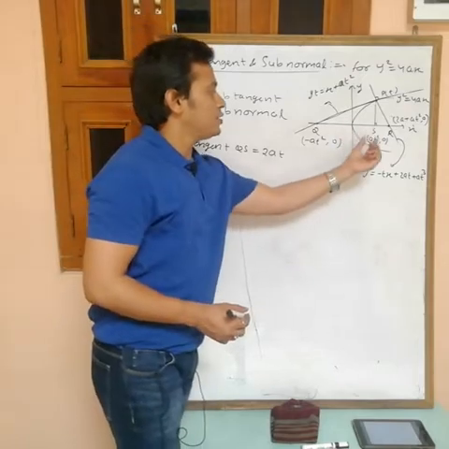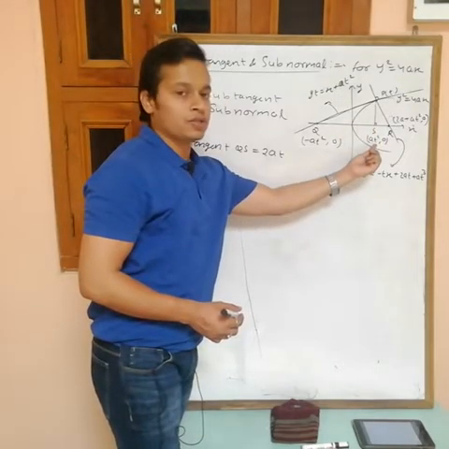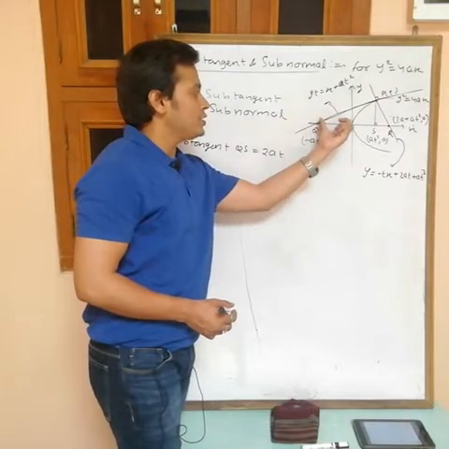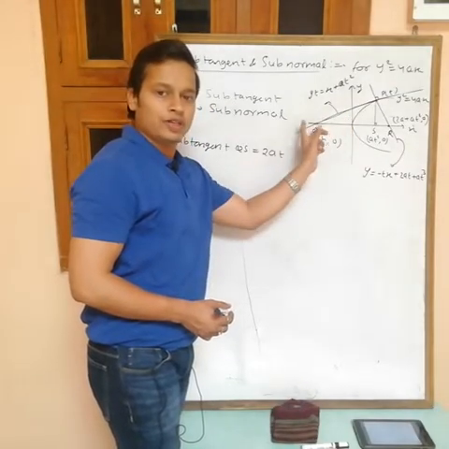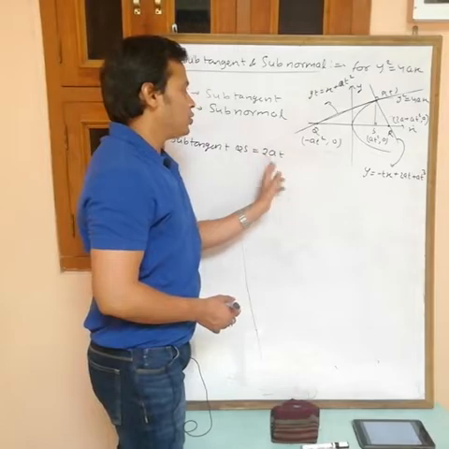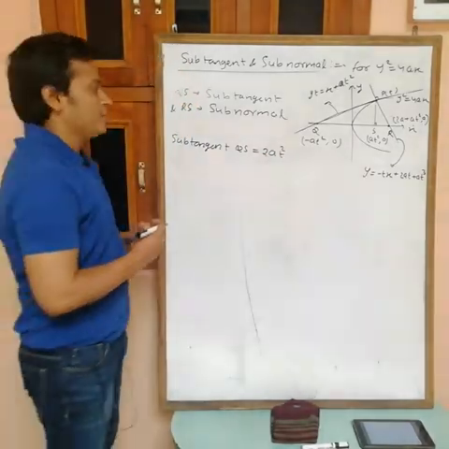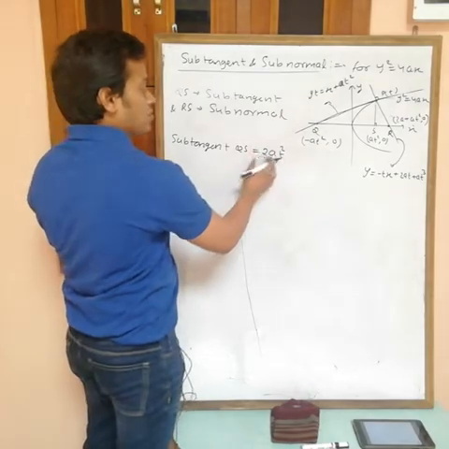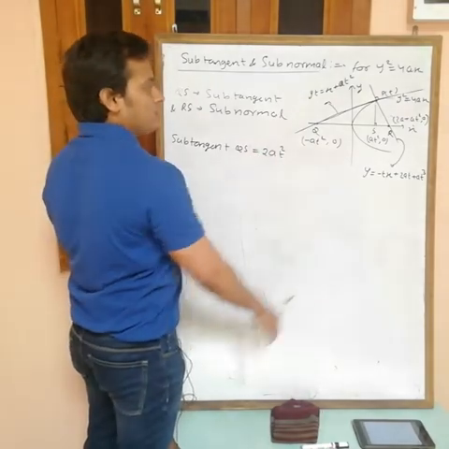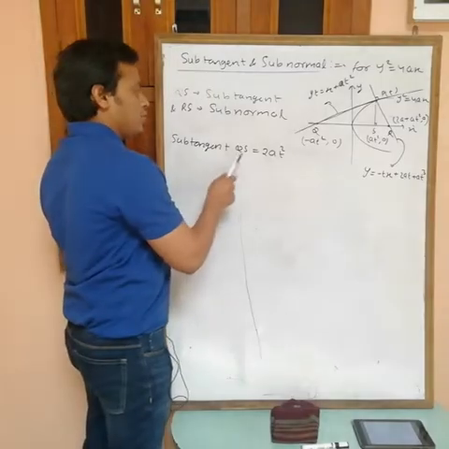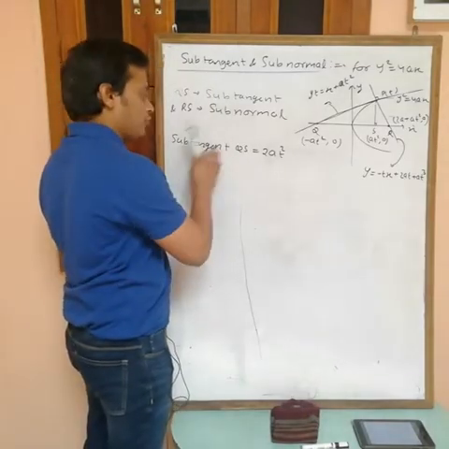So the length of subtangent is 2at square. It means twice of at square, where at square is the x coordinate of this point P. This is the length of subtangent for the point P.